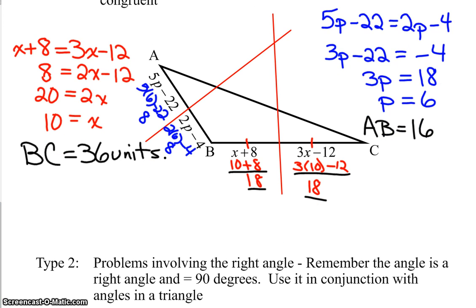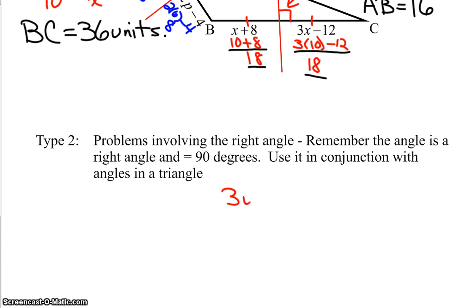The last thing we could work with are problems that involve the 90-degree angle, and in this case, we could use that information in order to find something else. For example, if I knew that the angle formed between this perpendicular bisector and segment BC equaled 3y, I could determine that 3y will equal 90 and y would equal 30.